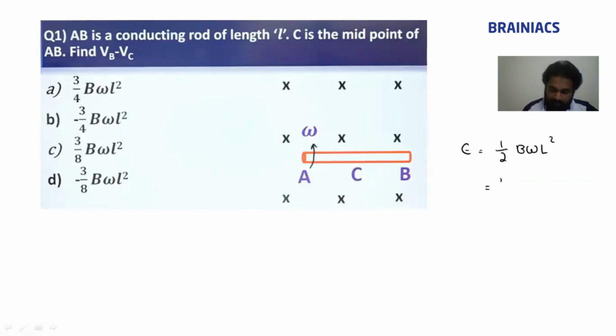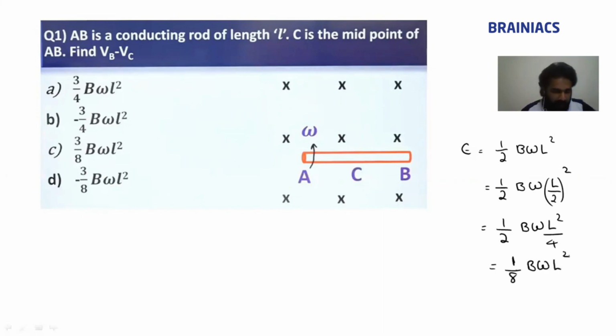Now if we substitute, B is there, omega is there, and the length for VB minus VC will be L by 2. So L by 2 the whole square gives half B omega L square by 4. So we will be getting 1 by 8 B omega L square.